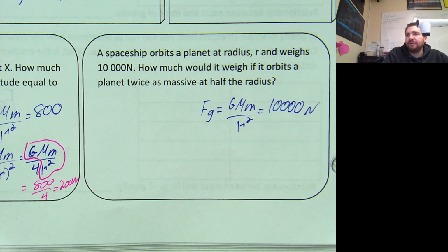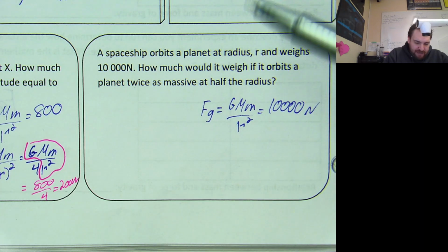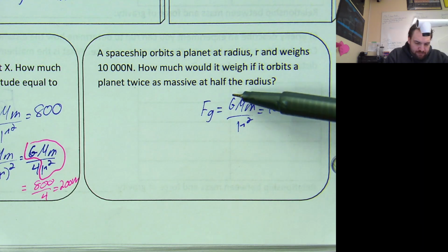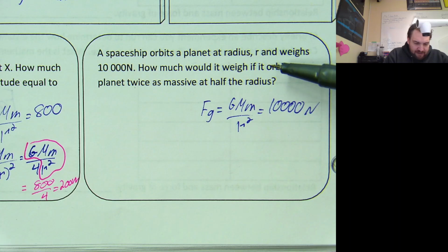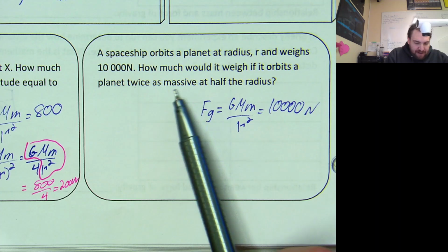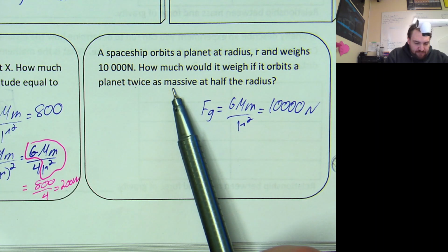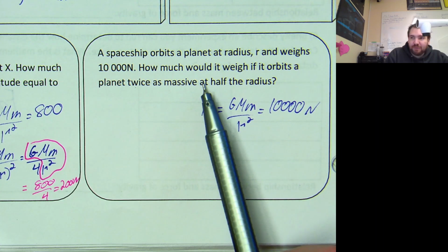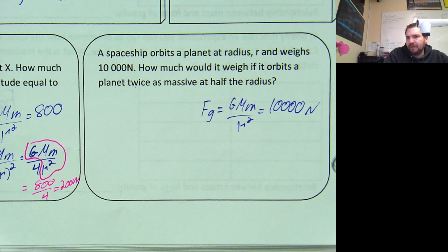And what we want to do now is figure out how much it would weigh if it orbits a planet twice as massive. I'm assuming that's supposed to be "and" half the radius. I'm going to take a step here and suggest that that should be "and."